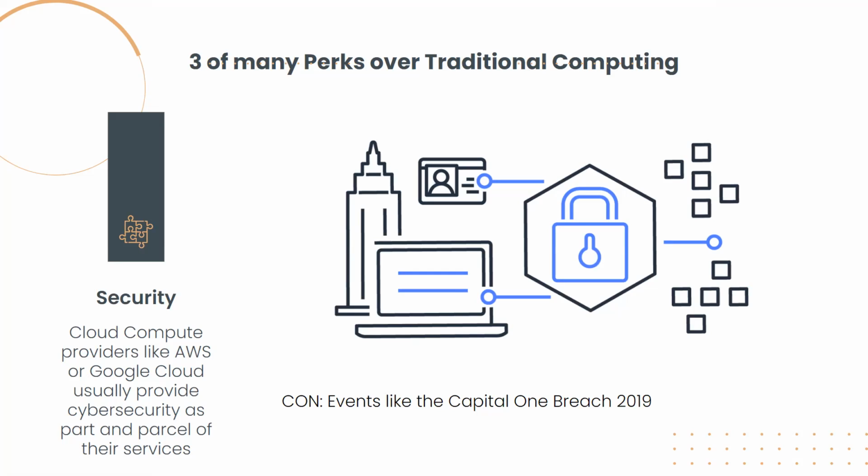For example, some security breach that occurred to AWS's S3 buckets, which are their storage service, led to a huge breach of Capital One users' information back in 2019. But these kinds of events are few and far between, and generally, you're saving a lot of costs on security if you go for cloud computing.